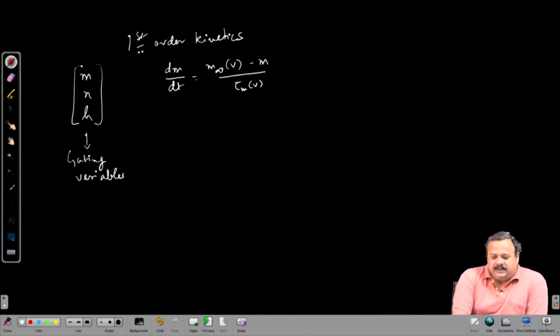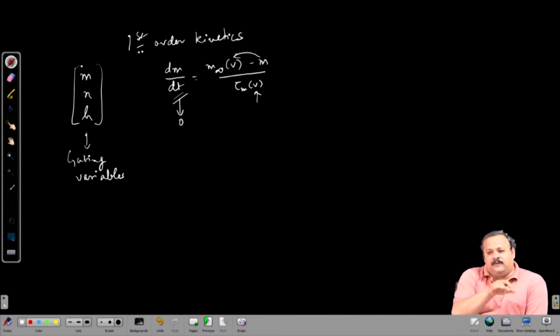So, what we are saying here is that if we hold the system at a particular voltage V for a very long period of time, so that steady state is reached, in other words, this dm/dt goes to 0 in steady state, then obviously m will reach m infinity V, as the dm/dt goes to 0 at steady state.